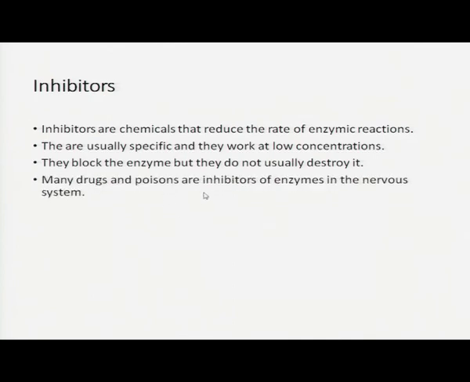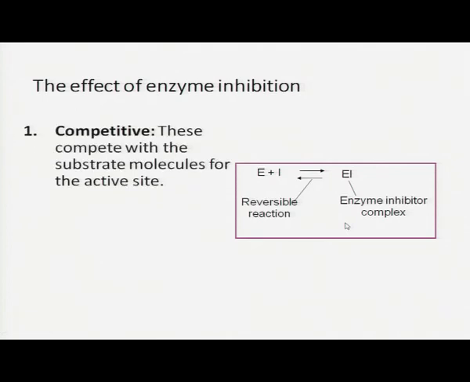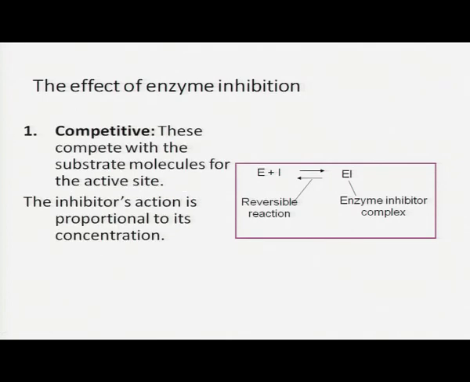Many drugs and poisons are inhibitors of enzymes in the nervous system. With the help of this reaction, the enzyme inhibitor reversible reaction forms the enzyme inhibitor complex.